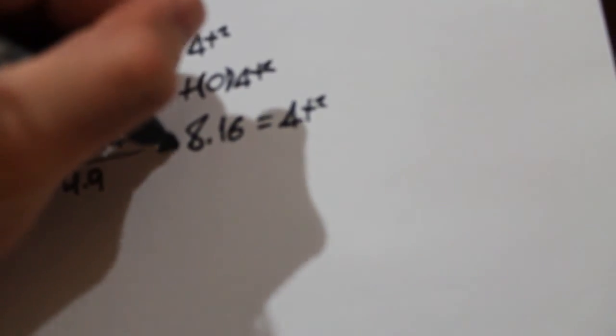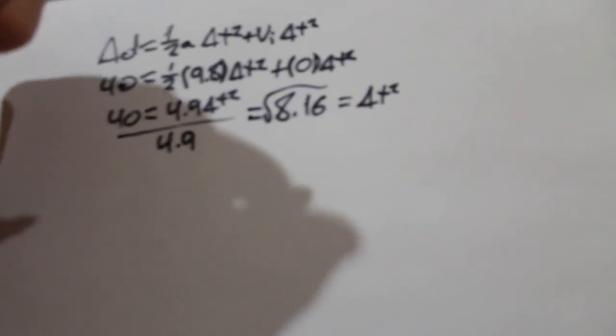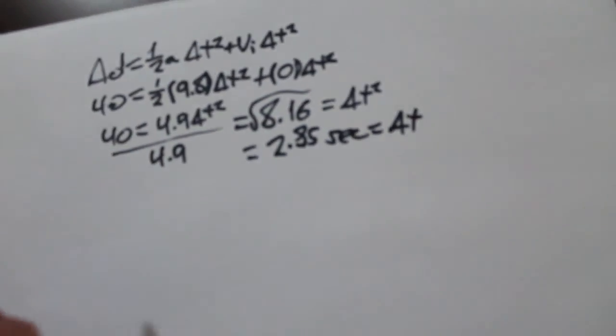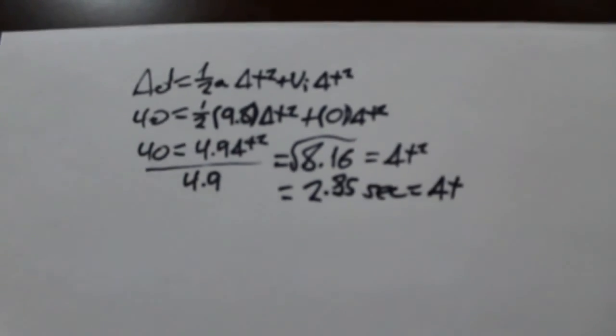So we need to take the square root of this, which comes out to be 2.85 seconds. And that right there is our part A of the problem.